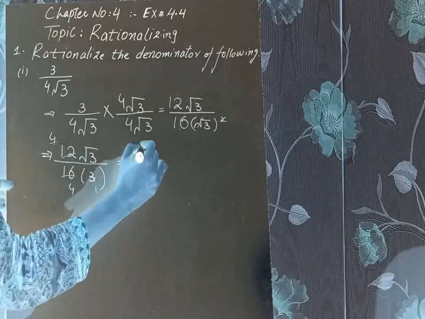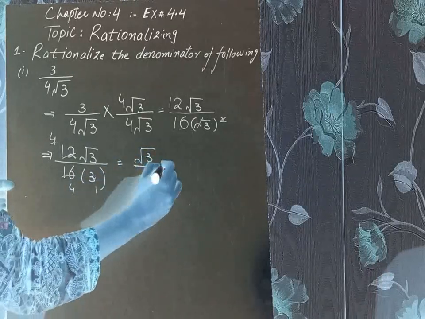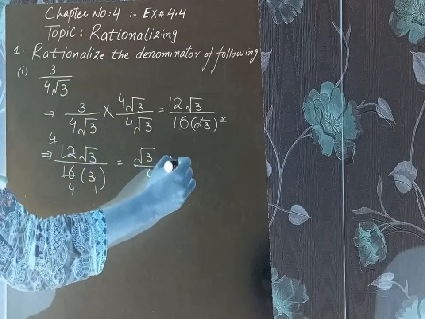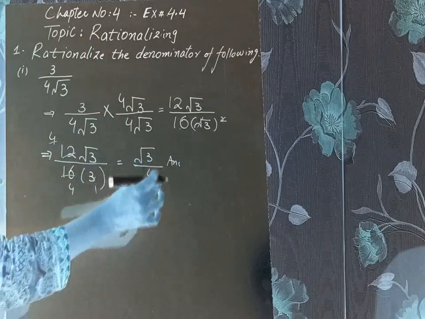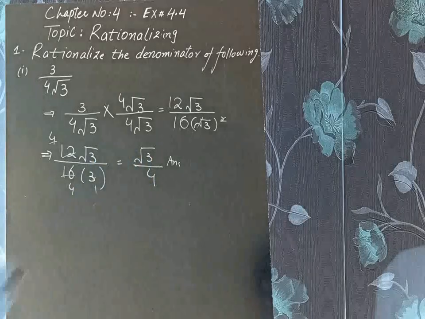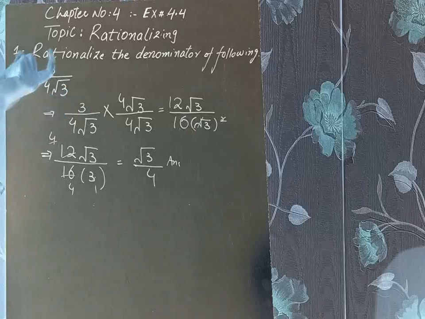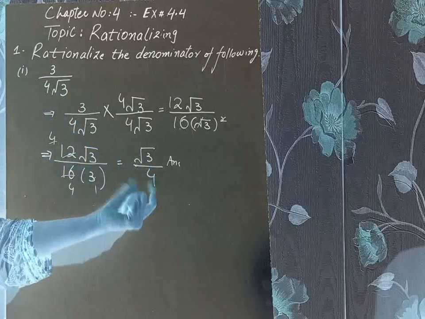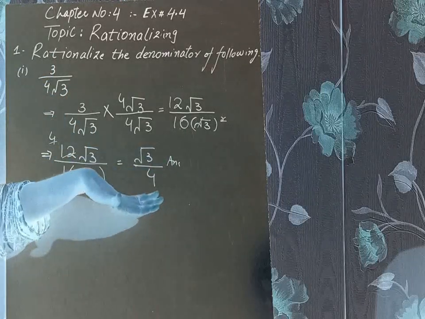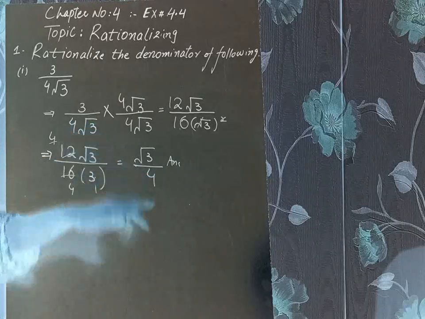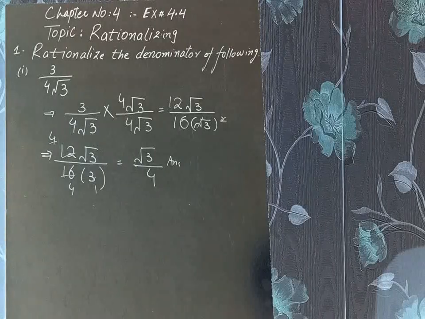And this is under root 3 divided by 4. Now you can see that there is no surd in the answer. We have rationalized this denominator. Rationalize means that the denominator in the answer will be free of surd.